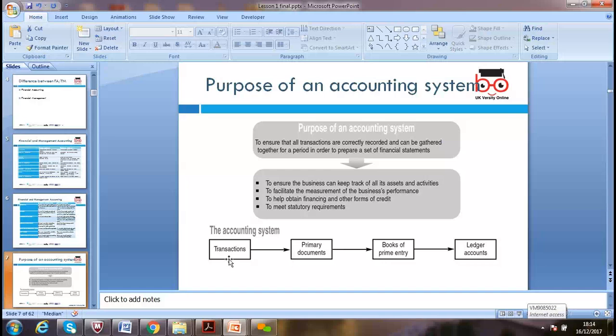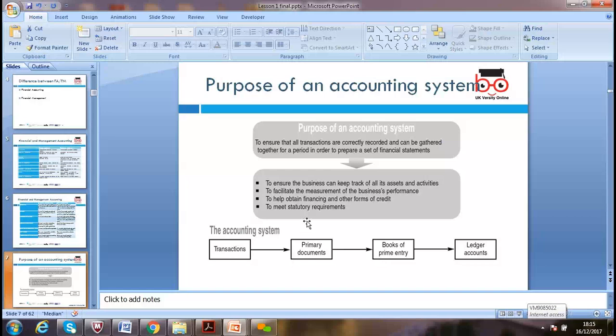Or we can pay at a later date. Maybe we're not paying now, but we will pay in a year's time on a finance basis. So one will be a debit, one will be a credit. The furniture is a debit, and the thing going out of the business will be a credit, or the liability we are creating which we will pay later on will be a credit. So that's a transaction. Each transaction has a debit and a credit.